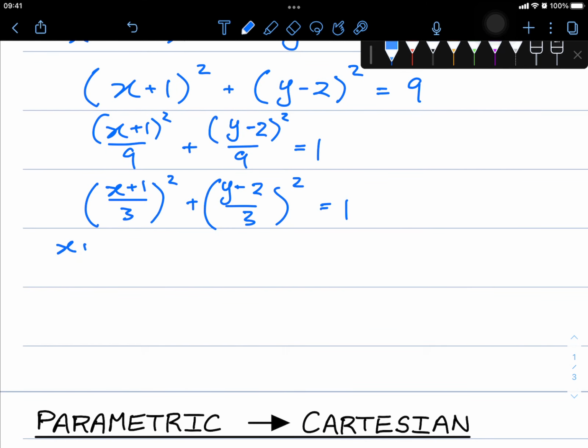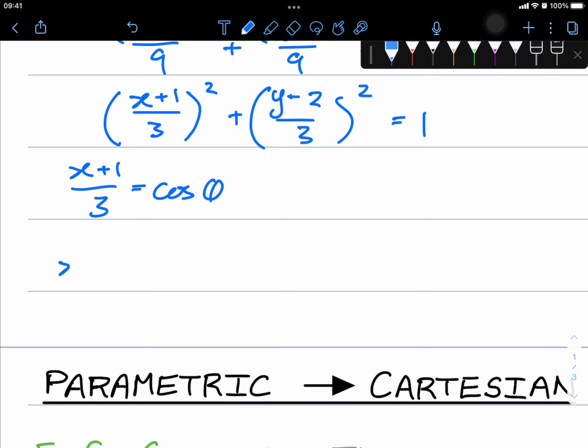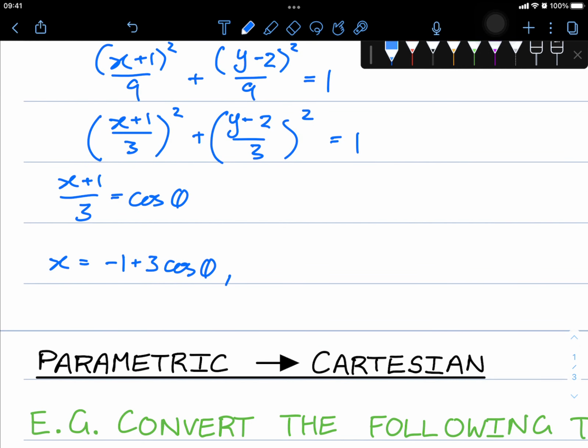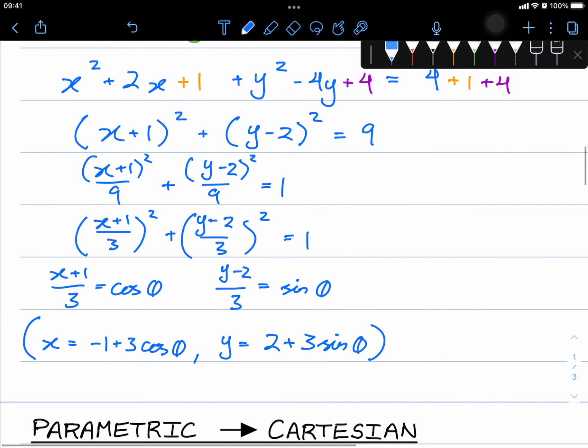We can now say x plus 1 on 3 equals cos theta. And doing multiple steps in one go, x equals minus 1 plus 3 cos theta. And for y, we get y minus 2 on 3 equals sine theta. y is equal to 2 plus 3 sine theta. And that there is the parametric form of this circle.